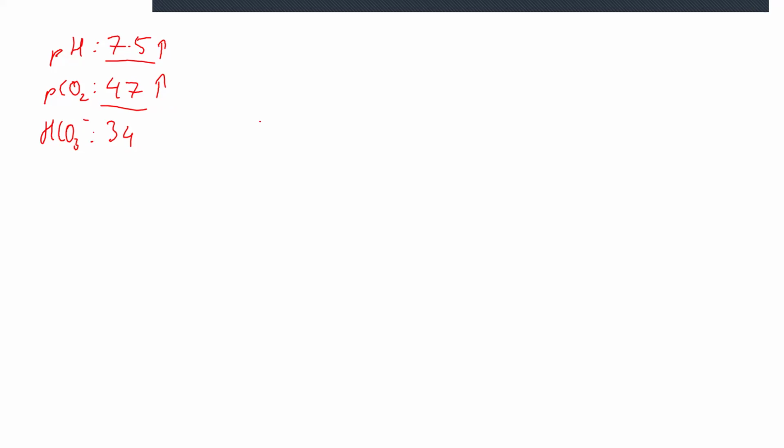Now, to find what our compensation should be, first we are going to take our HCO3, then we do 24, which is the normal bicarb level, minus 34.